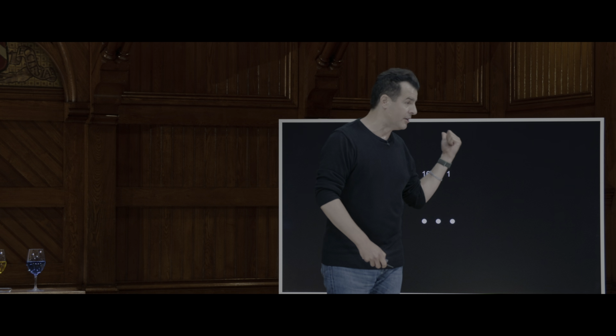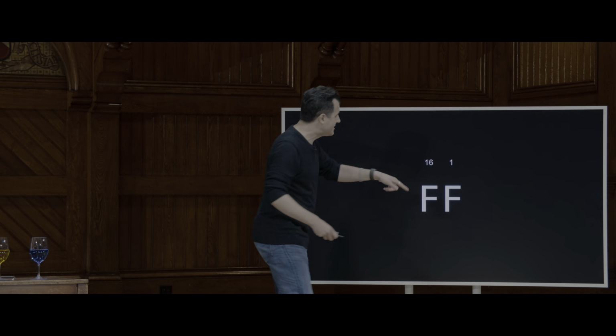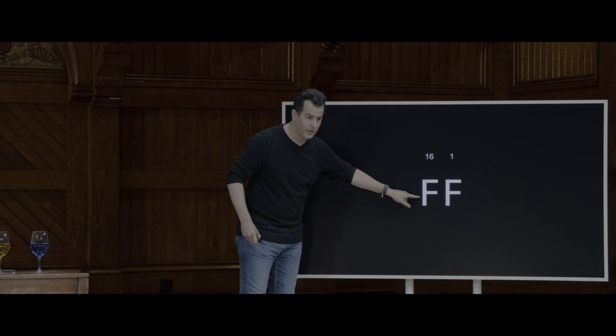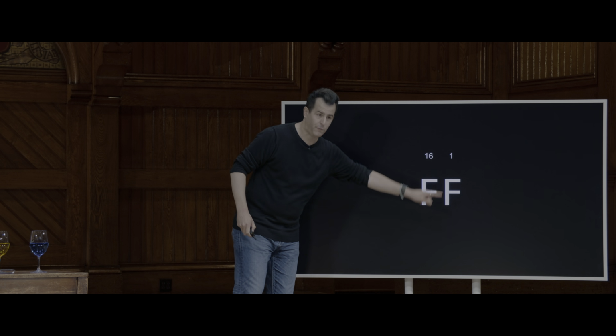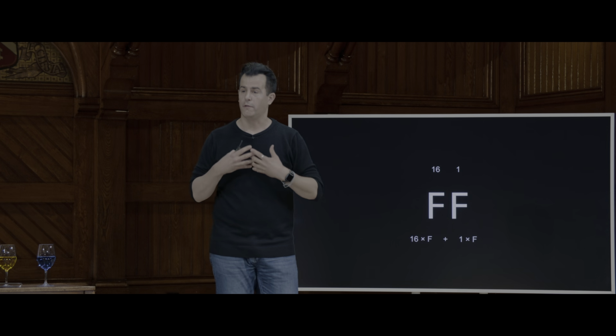The smallest is clearly 0, and the biggest I said was F. So once you get to FF, the math gets a little annoying, but this is now 16 times 15 plus 1 times 15. And what that gives us actually is the number you and I know as 255.